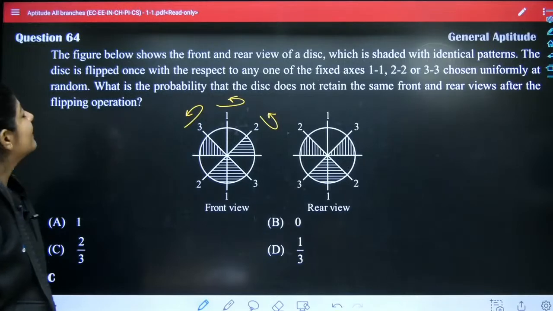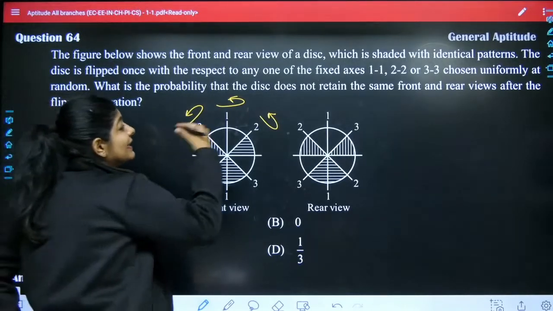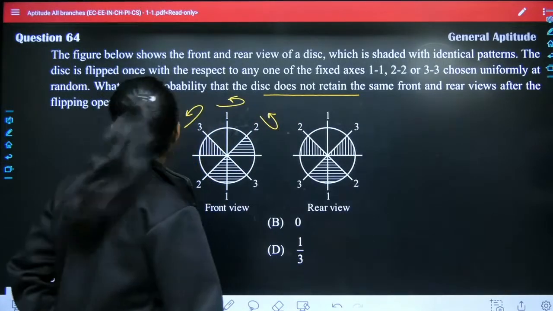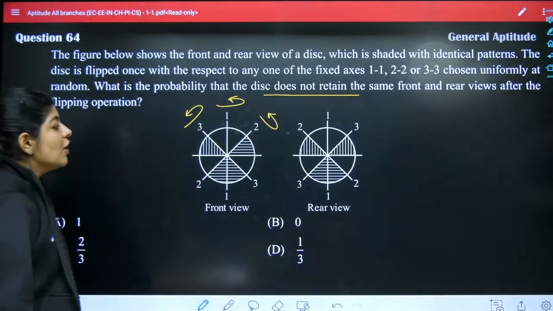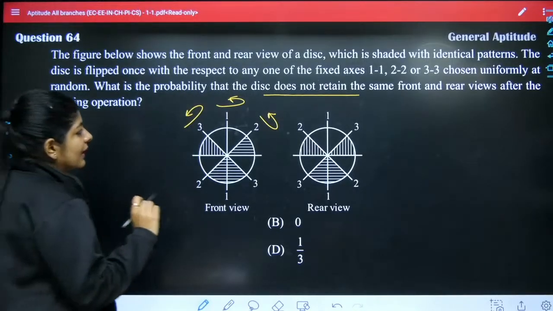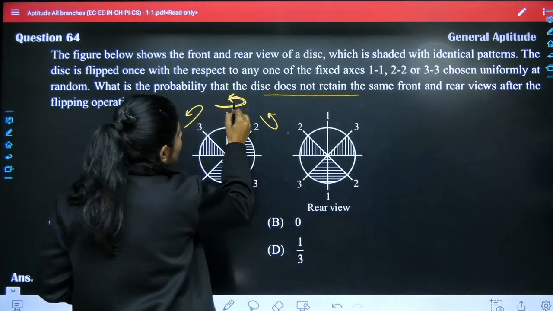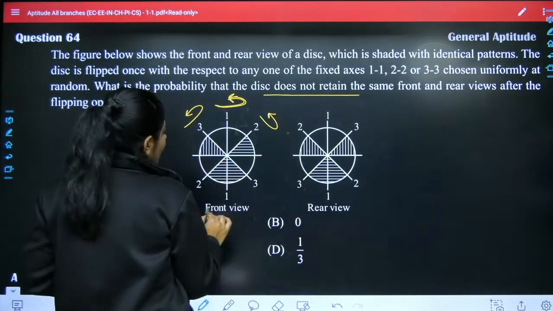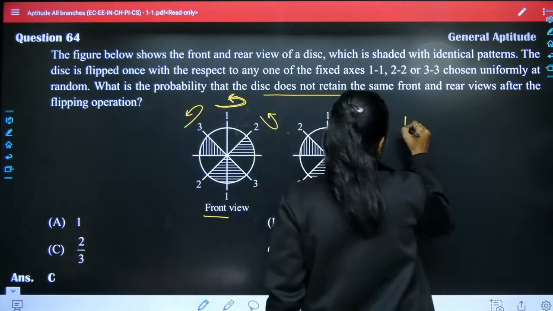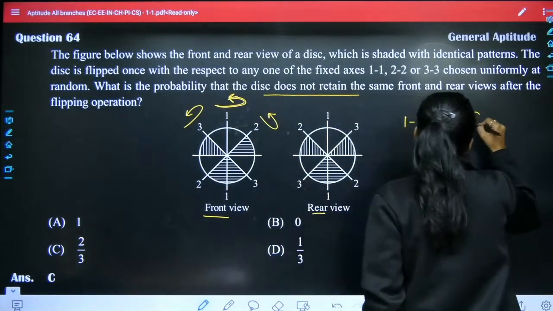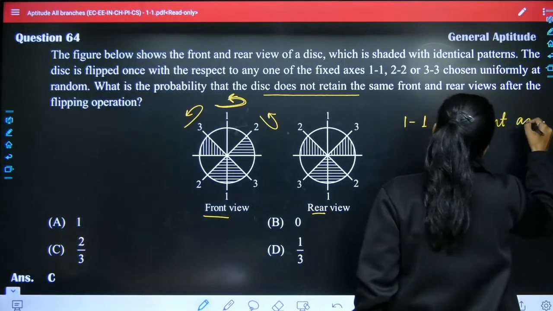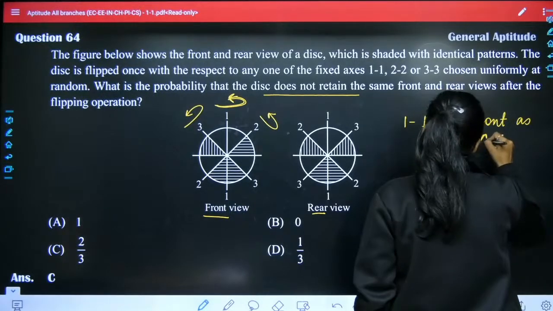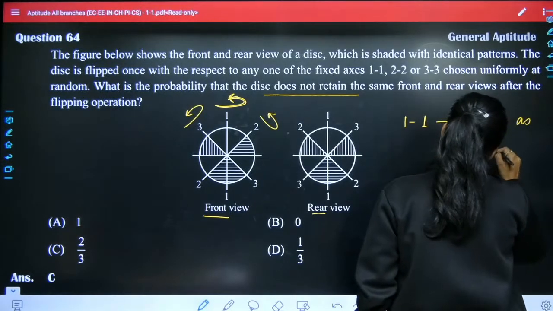Chosen uniformly at random, what is the probability that the disk does not retain the same front and rear view after the flipping operation? If we rotate the disk with the axis 1 to 1, we will get front as rear and rear as front.